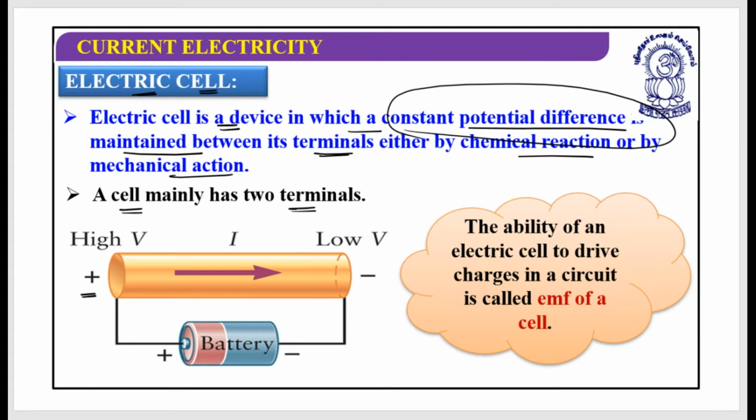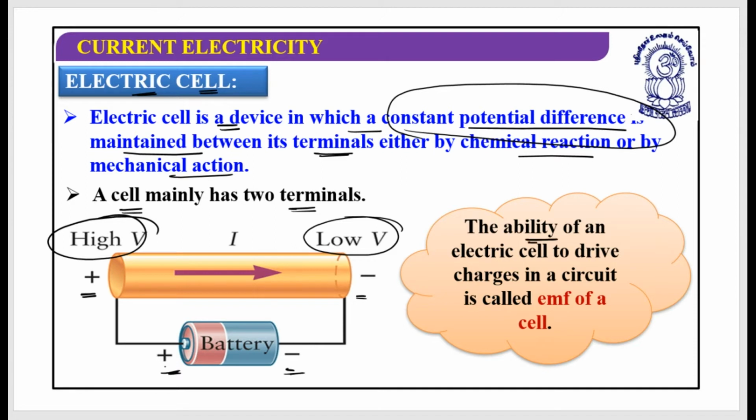This is the first terminal, this is the second terminal. The terminal having a higher potential is called the positive terminal, and the other terminal, having a lower potential, is considered the negative terminal. So this is the positive terminal of the battery, this is the negative terminal.